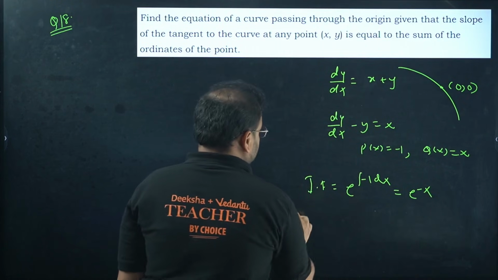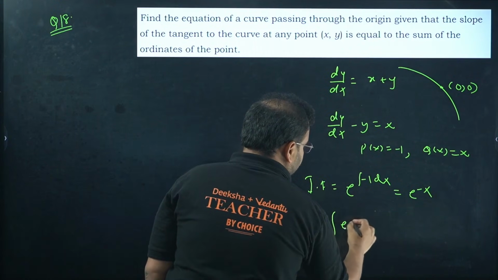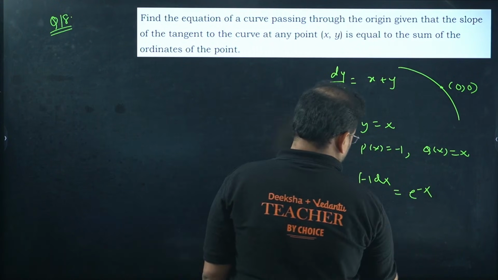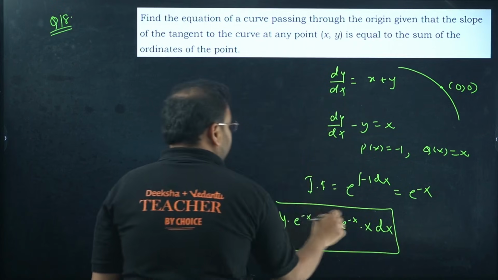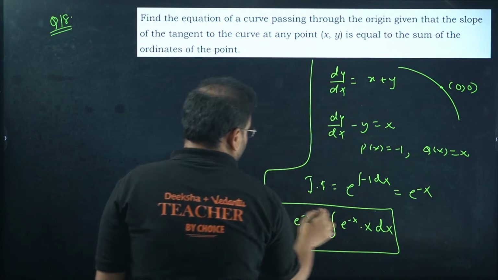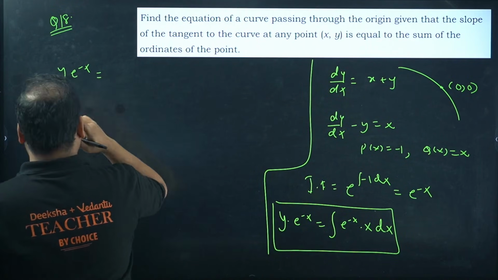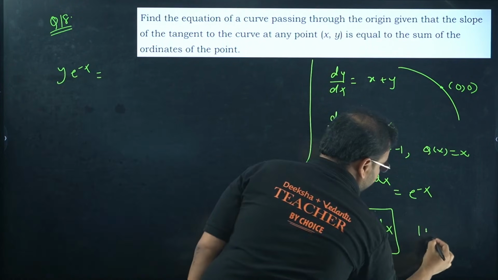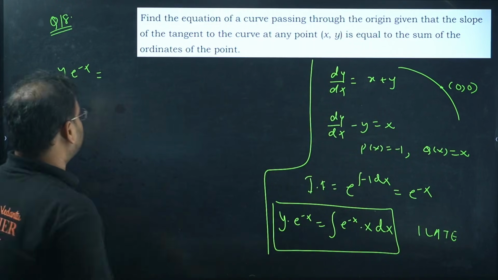Now the answer becomes y times e power minus x equals the integration of e power minus x into Qx, which is x dx. This is going to be an application of integration by parts on the right hand side. Using the preference order, exponential has the last preference and x has the preference over that.